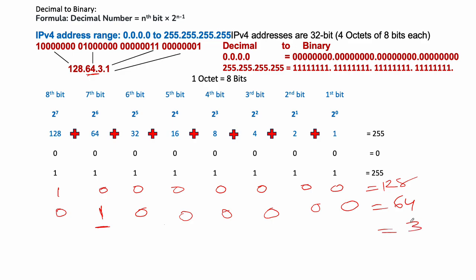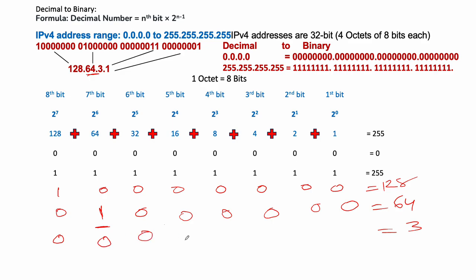And now what value do you need? 3. So if you set 128, 64, 32, 16, 8, 4, right, if you set all these bits, your number will increase. It will become more than 3. So what do you do? Basically, we set those bits as 0 because they are more than 3, right? 64 is a larger number than 3.